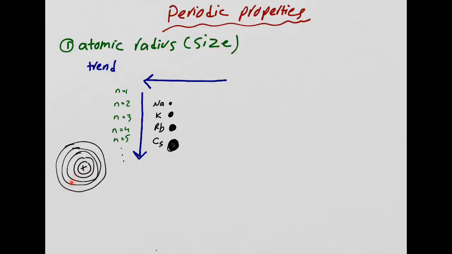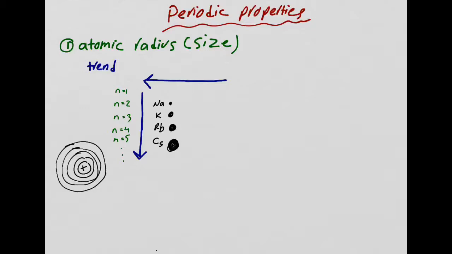As the N increases, the size gets bigger. N2 is bigger than N1, N3 is bigger, and it's exactly what's going on here. As you come down the periodic table, the N value increases, and the sizes also increase.